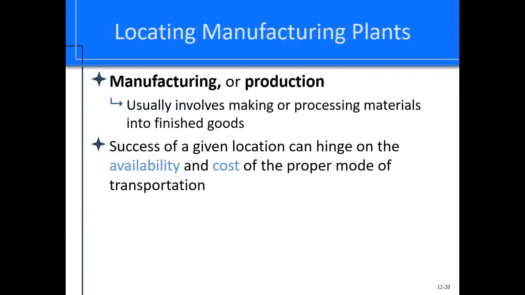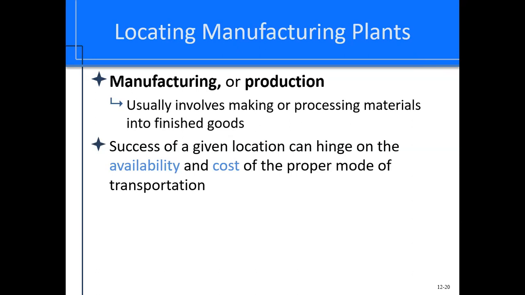And then for a manufacturing plant or production plant, it usually cannot be too close to a residential area, right? So usually it depends on the availability and cost of the proper mode of transportation. Yeah, so usually that's the main issue.